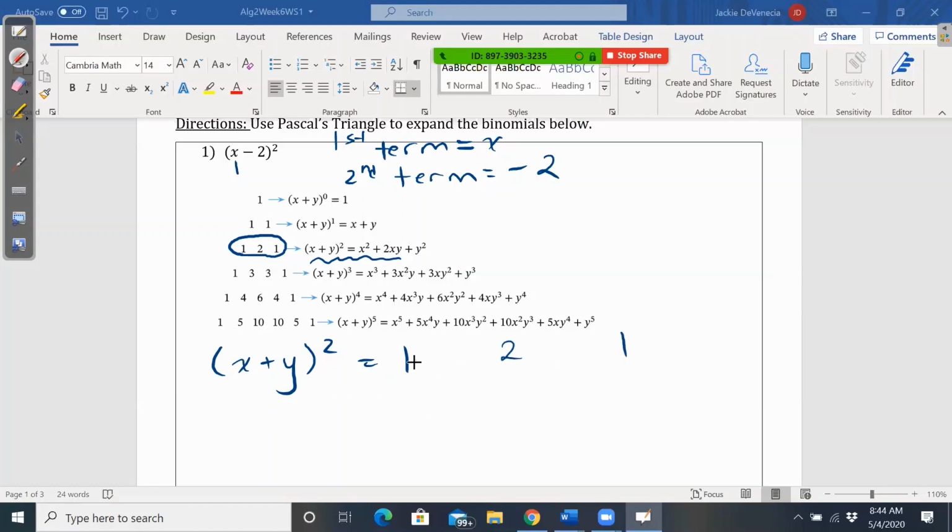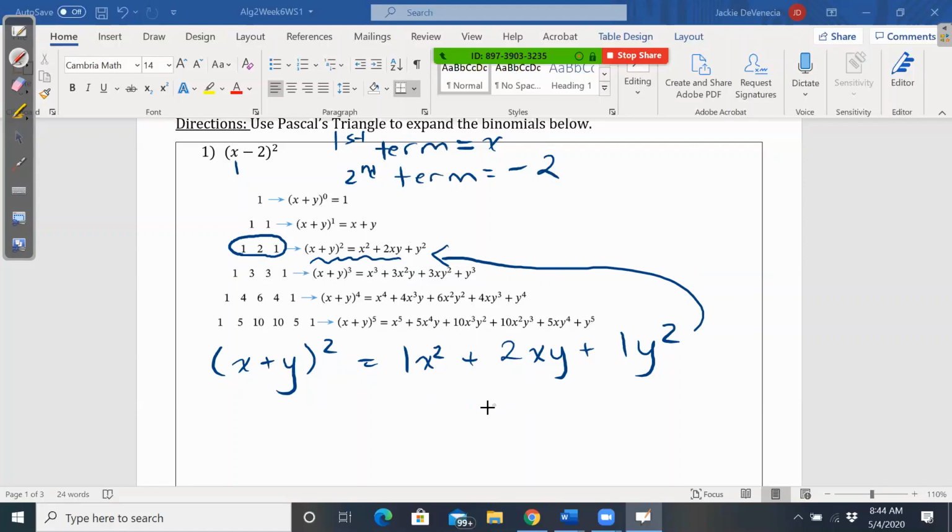And then here, I'm going to start with my first term, which is x squared. And I'm decreasing. I'm just going to go into an x. Now, everything here is positive because I'm just multiplying positive numbers by itself. And then right when your x goes down by 1 exponent, I'm going to start my second term. So it's going to be y to the first, y to the second. So we see that it matches with whatever we have over here.